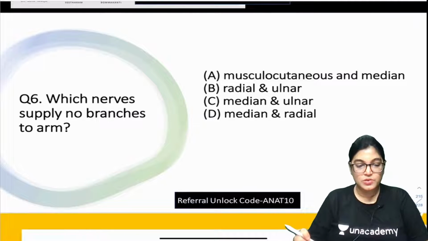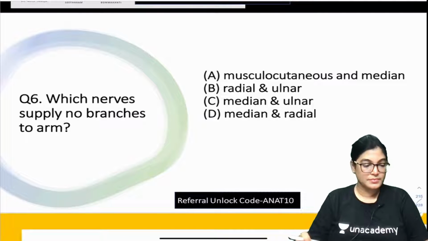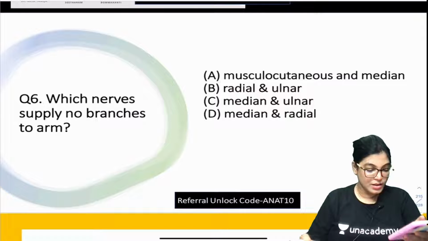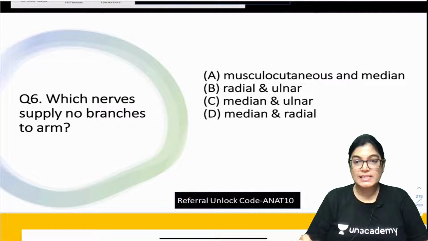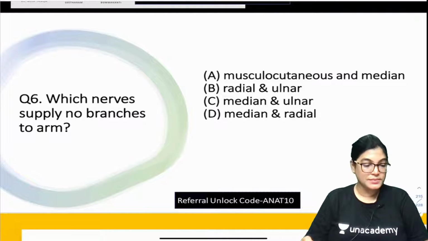So mark your answer, question number 6. Sarans is telling it's C, Shrija is telling it's C. What about others?